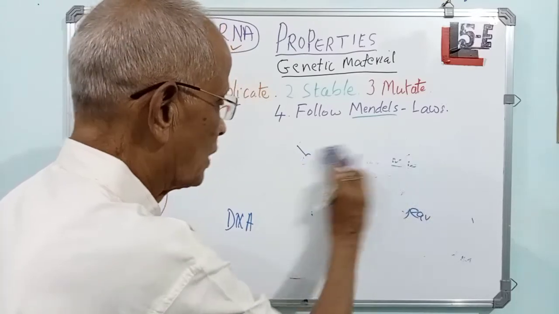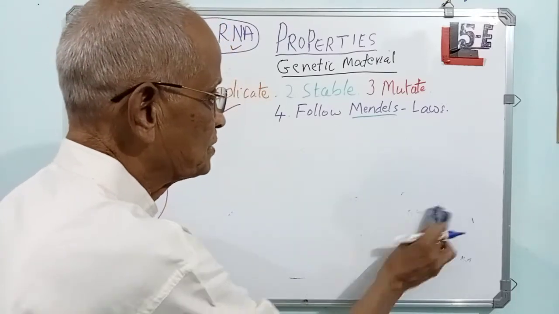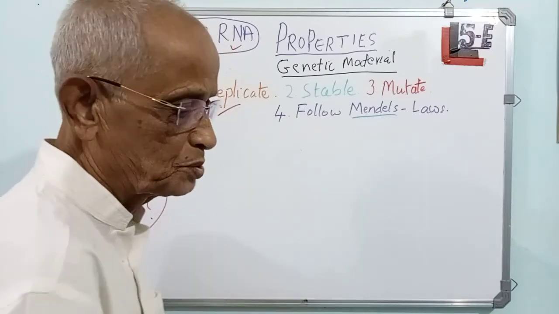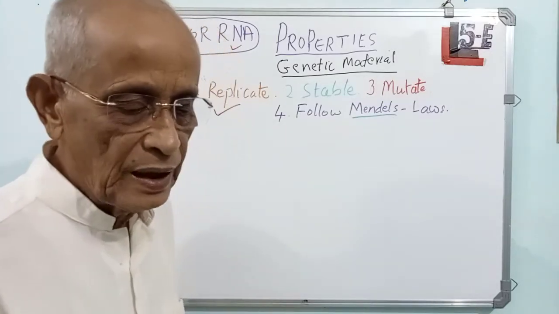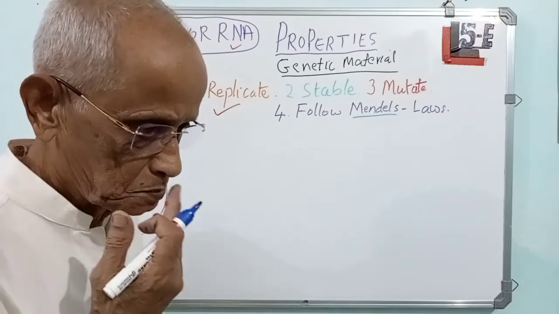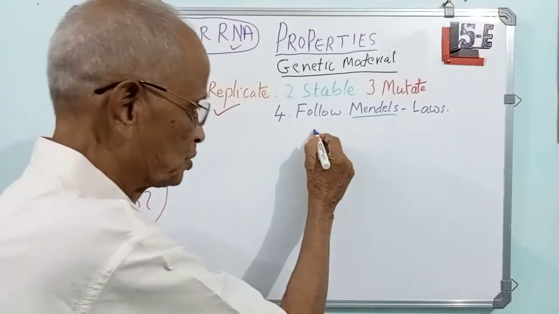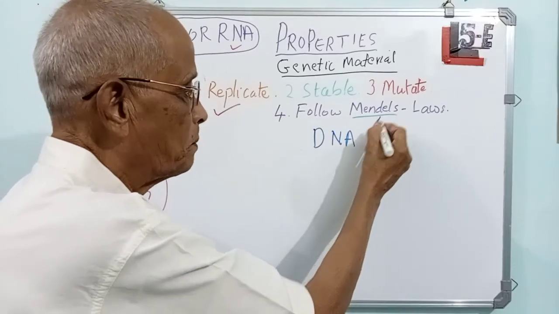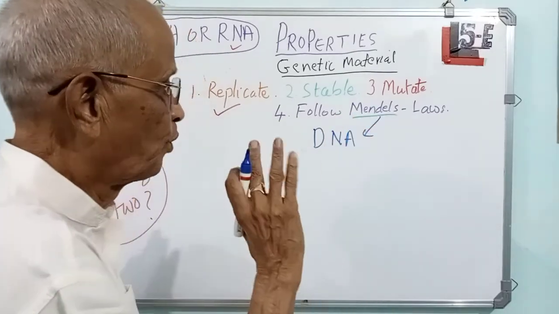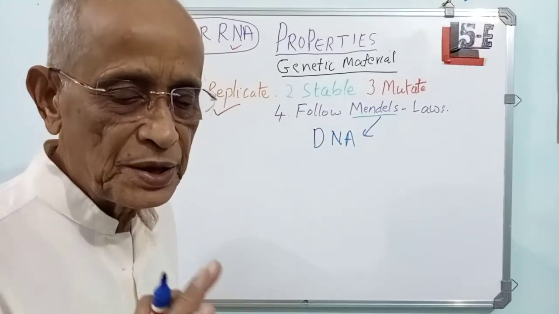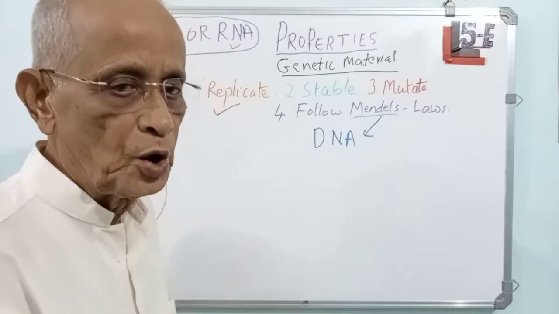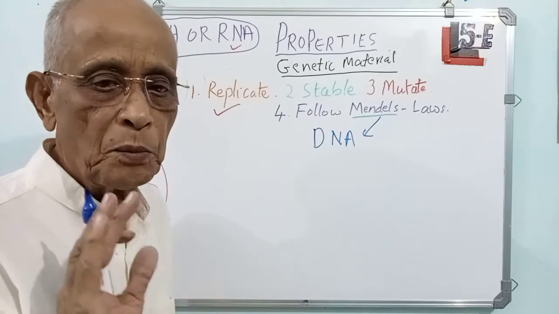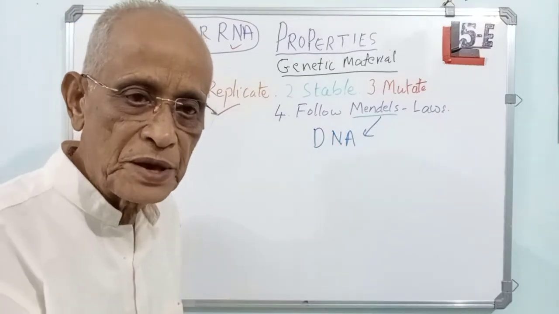And the fourth property is that Mendel's laws should be followed. You know, Mendel proposed laws for inheritance. DNA follows that. DNA has the ability to follow Mendel's laws. So these 4 properties are very essential to decide which of the 2 nucleic acids is more predominant in living beings.